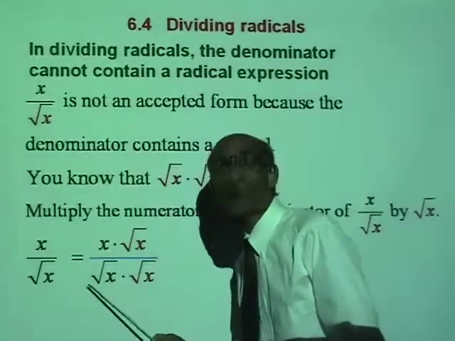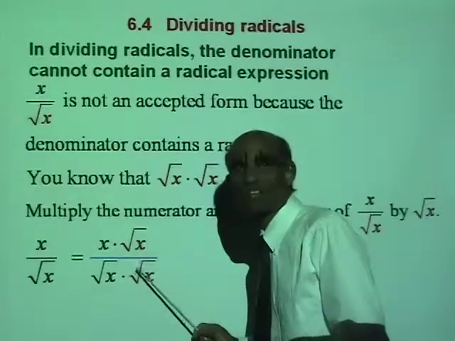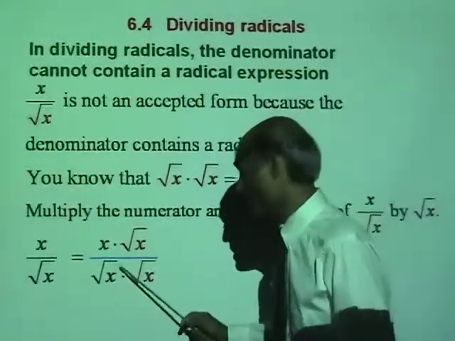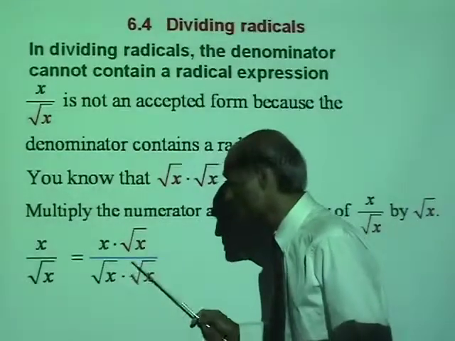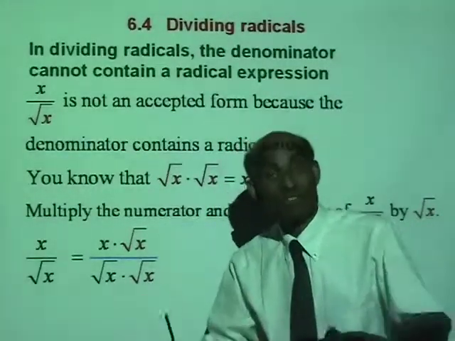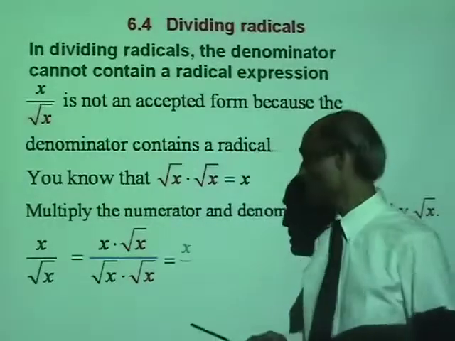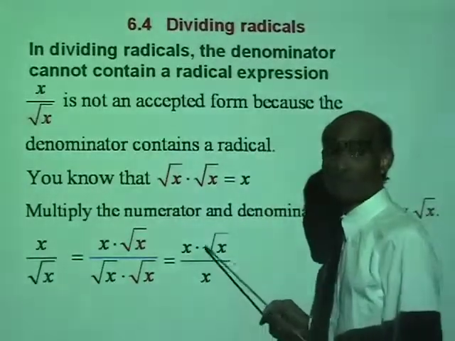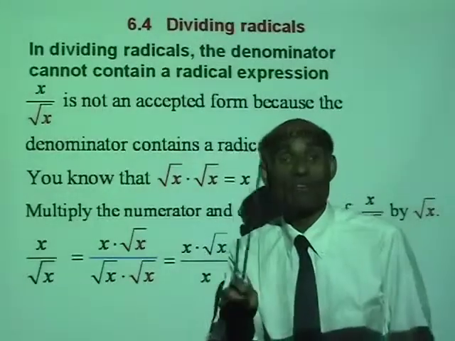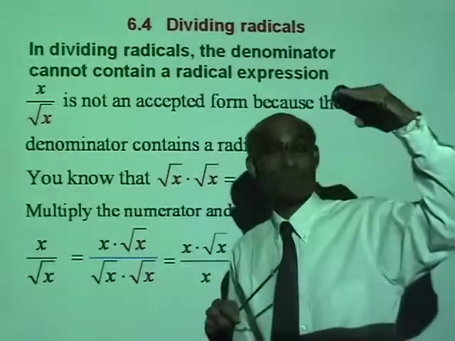Because we want to get rid of the radical sign from the denominator. That is the incentive. And now square root x times square root x is x. You can see the radical sign has disappeared from the denominator and it is sitting on the numerator. It is all right for the radical expression to be on the numerator.